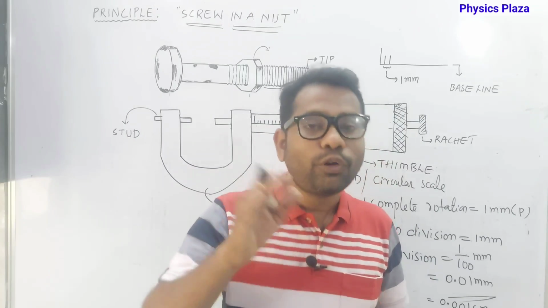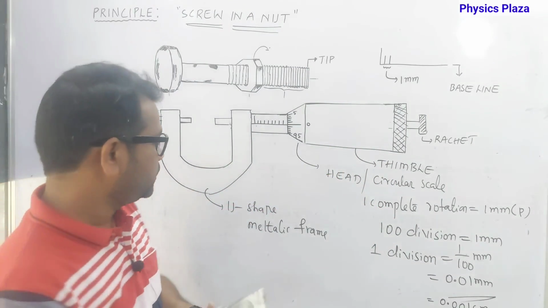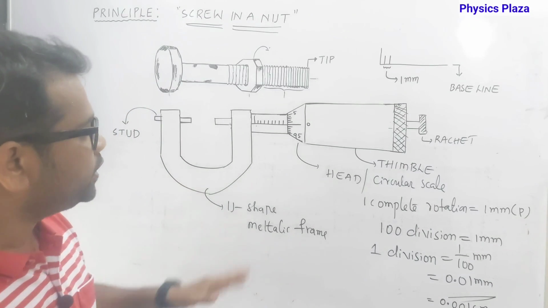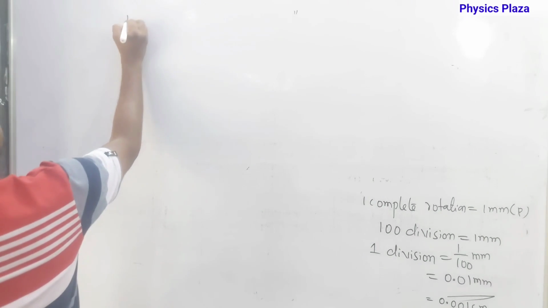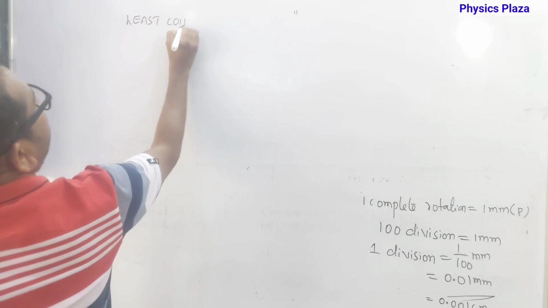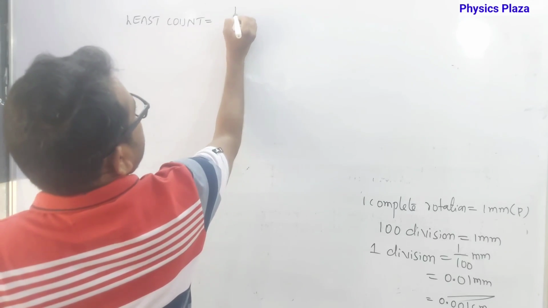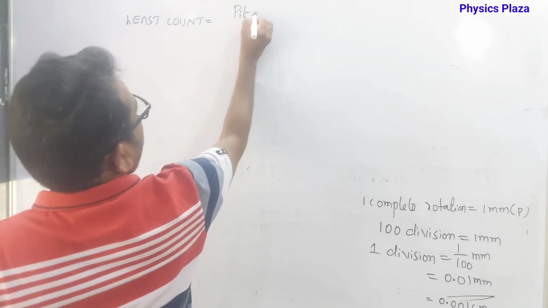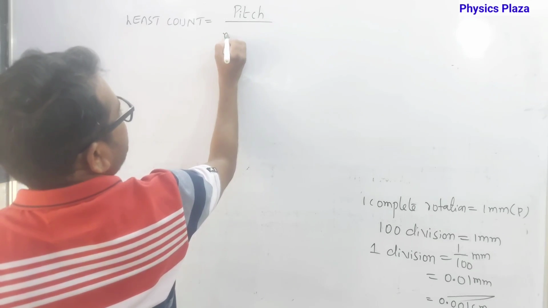So now let us write the formula of the least count, children. Hope it is copied. Just copy it. Now let us understand the least count. So how are we calculating the least count, children? It is pitch by number of circular scale divisions.